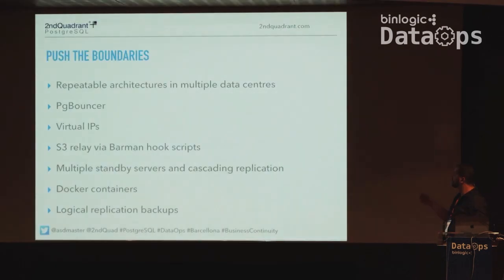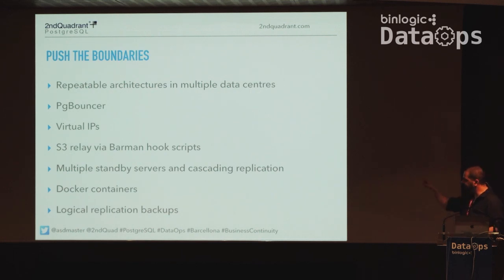What is more, we can push the boundaries over. We can repeat the same architecture. That's why automation is important, because if it's automated correctly, we can repeat the same architecture on different data centers. We can add PgBouncer, that is responsible for moving connections between different servers. We can add virtual IPs.